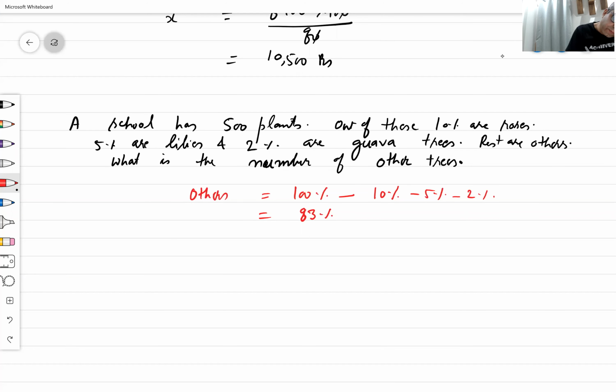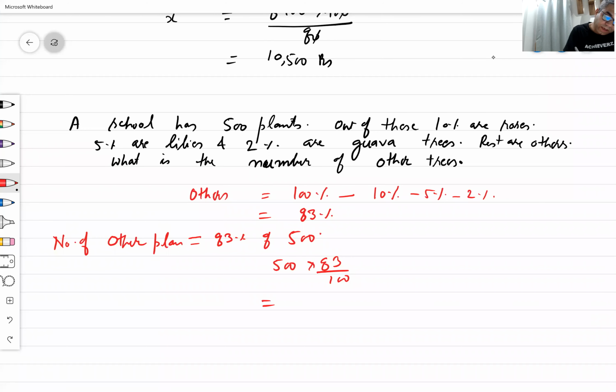So 83% of 500 is the number of other plants. So 83 over 100 into, sorry, wrong, 83 over 100 into 500. So you can calculate it. That will give you 415.